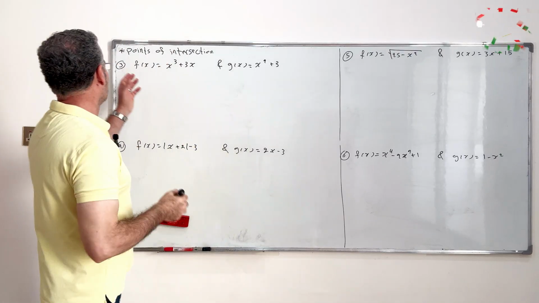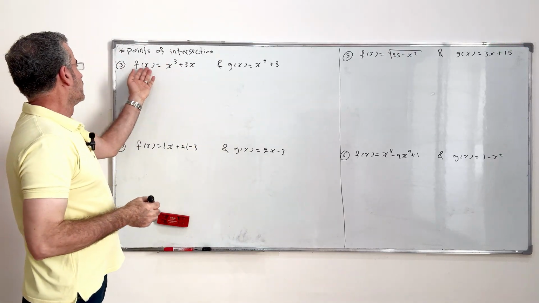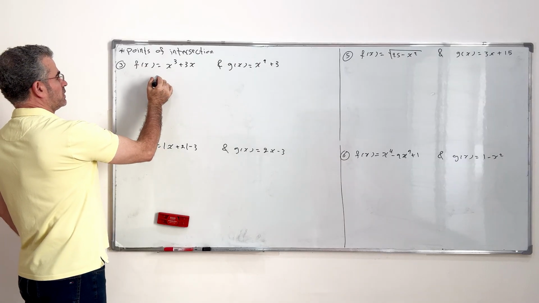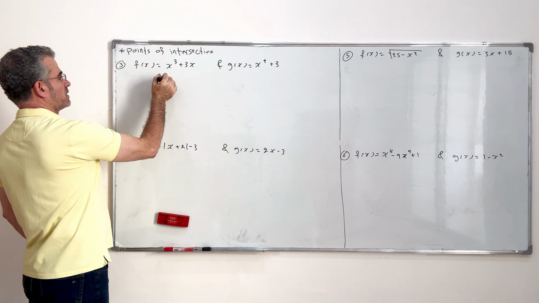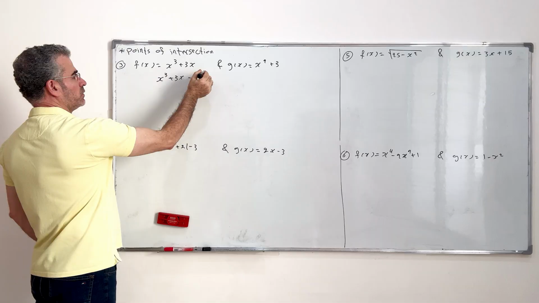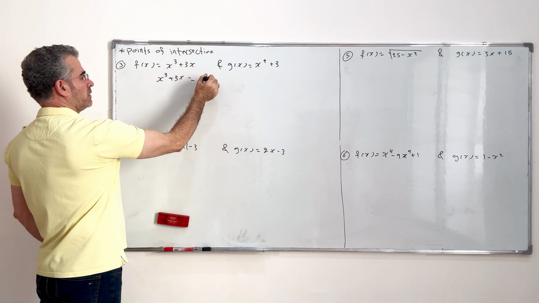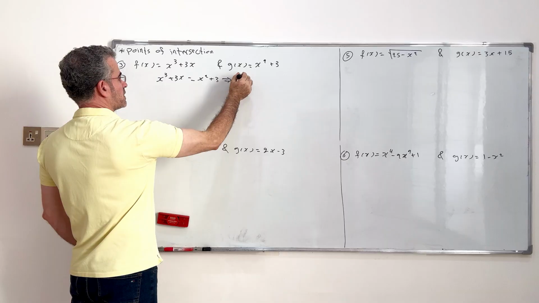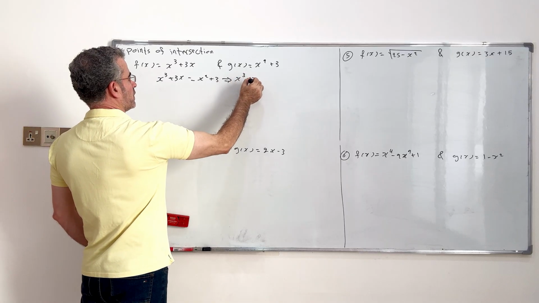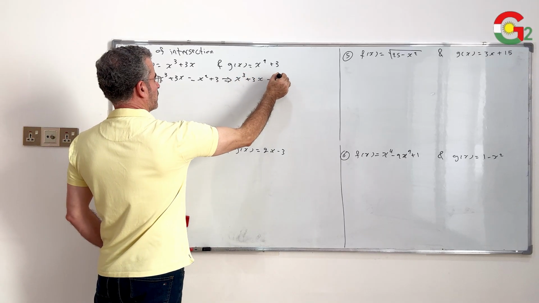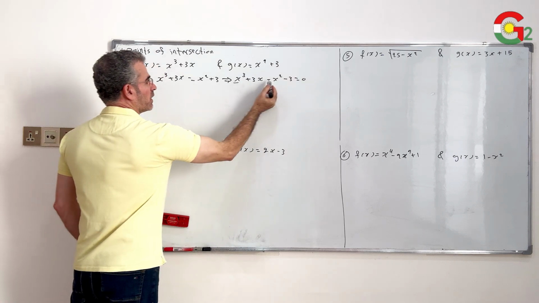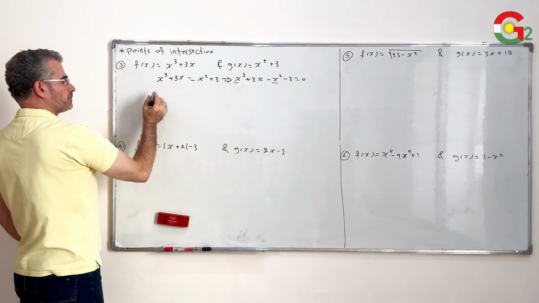Example number 3. Find the point of intersection of these two functions. We said f of x equals g of x. Then solve for x. X power 3 plus 3x minus x power 2 minus 3 equals 0. Factor this term and this term.